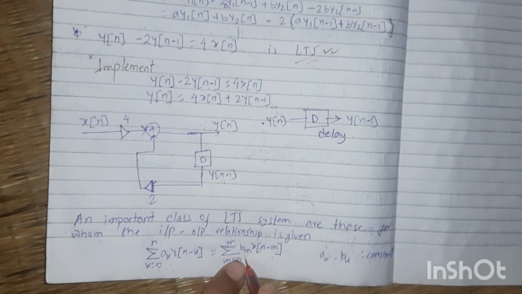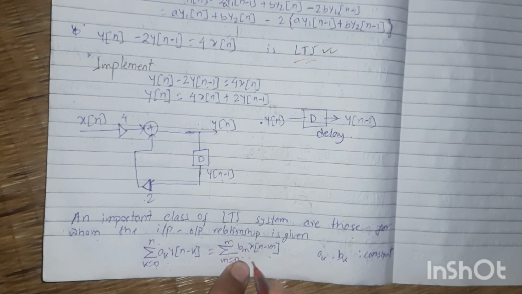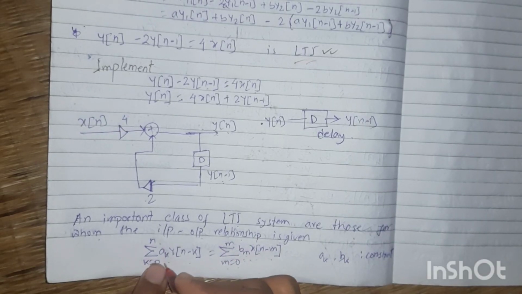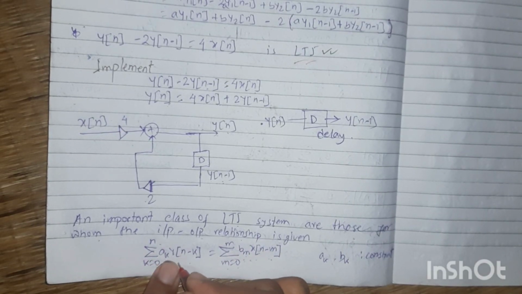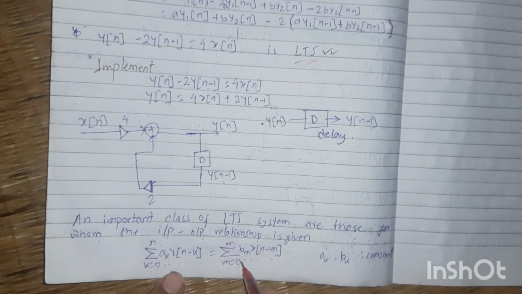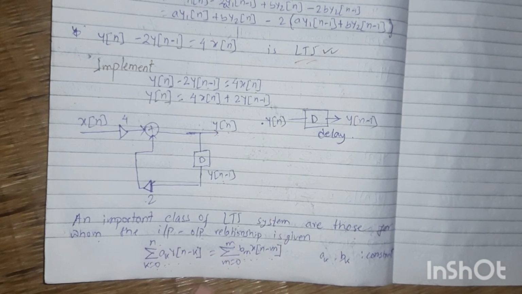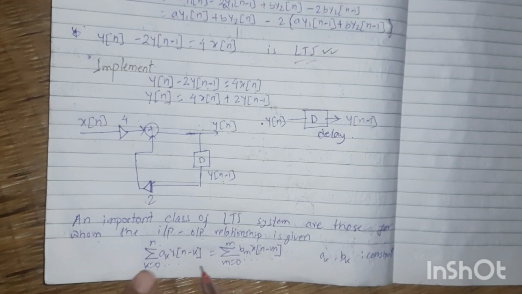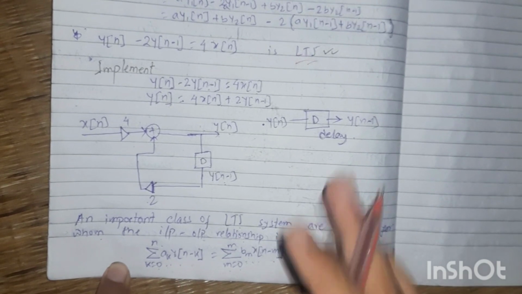Here b m is the constant term at the input side, a k is the constant term at the output side, and when the input-output relationship can be written like this, then we can say this is an LTI system.